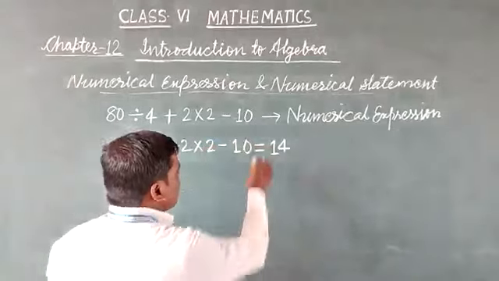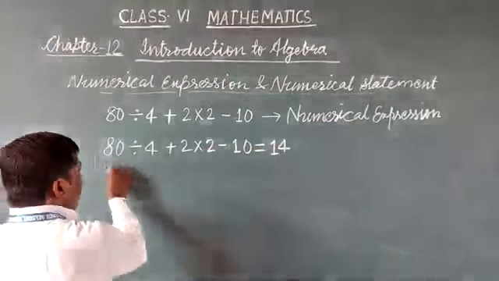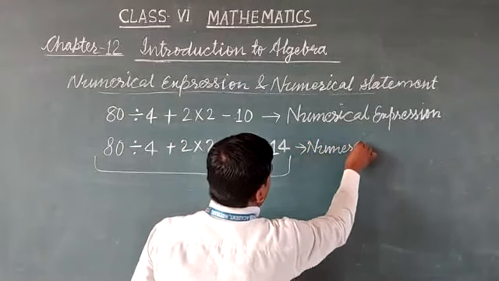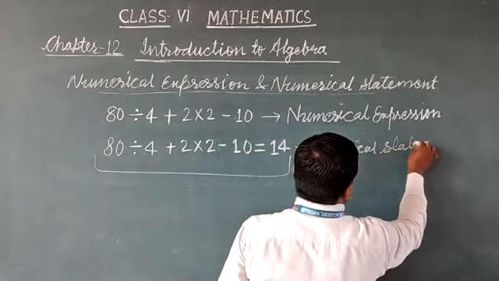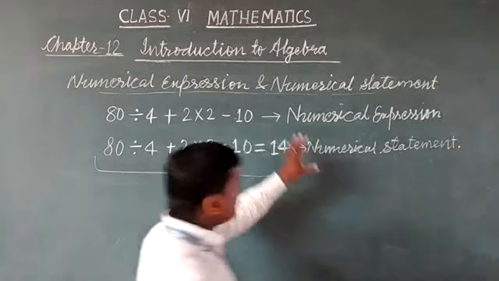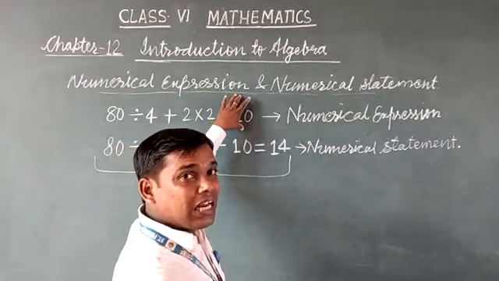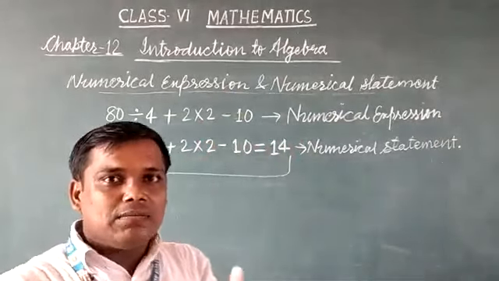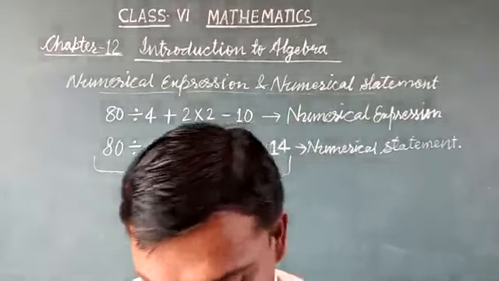Now only because of the sign of equality this whole becomes a numerical statement. Before, there was no sign of equality. We only had the numerical expression, and as soon as we write the value of it, it becomes a numerical statement. Is it clear to you?